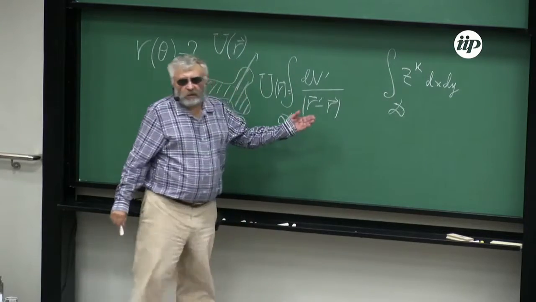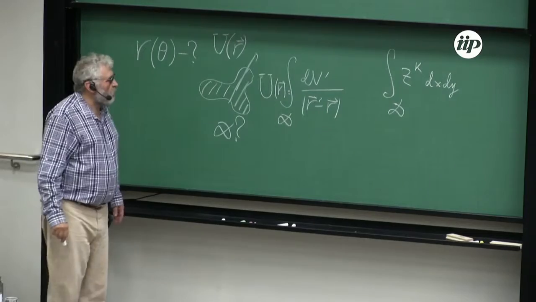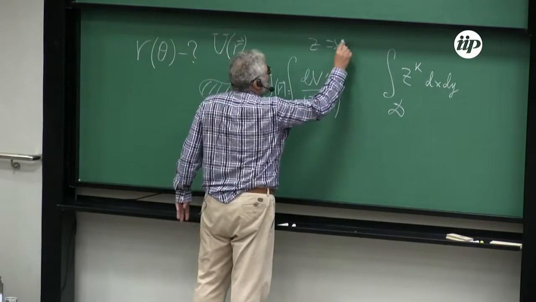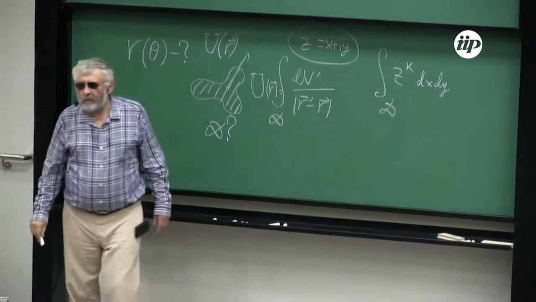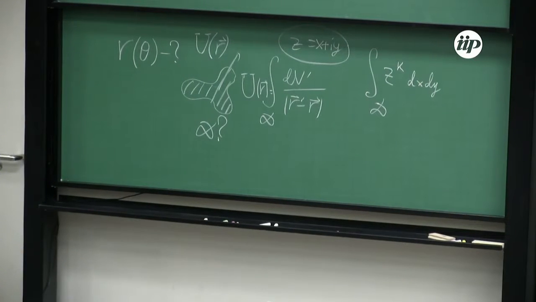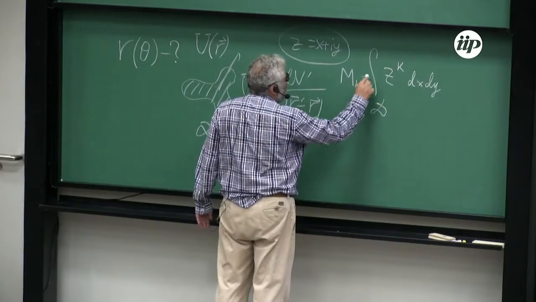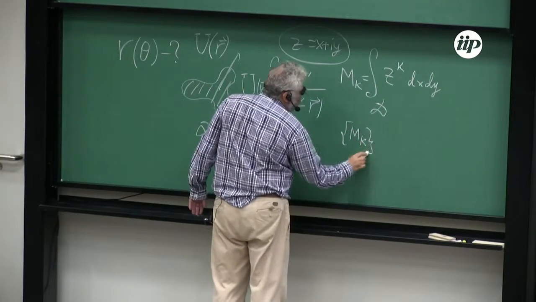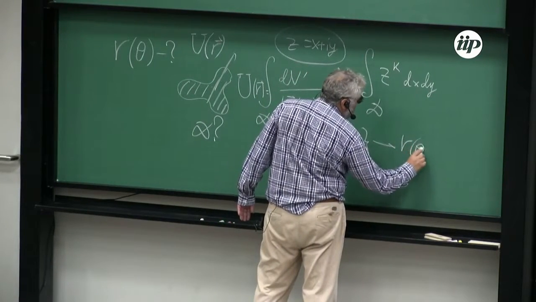You can easily see that, where Z is, guess, x plus iy. So this is a moment number k, and from the totality of these moments, we have to recover this boundary.